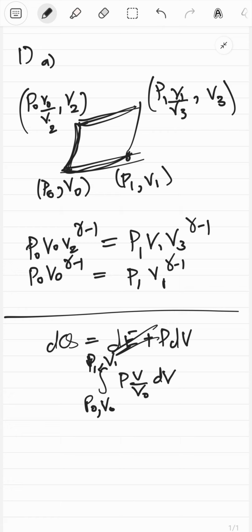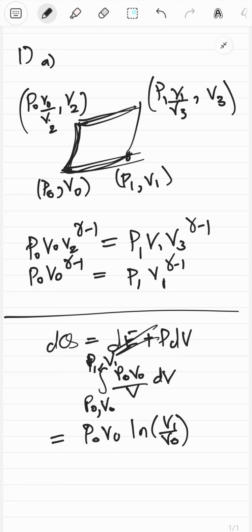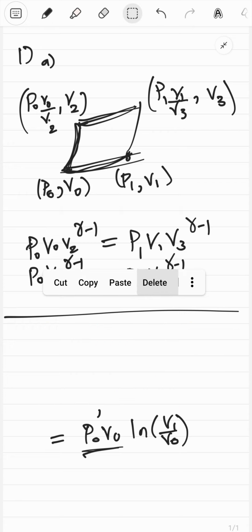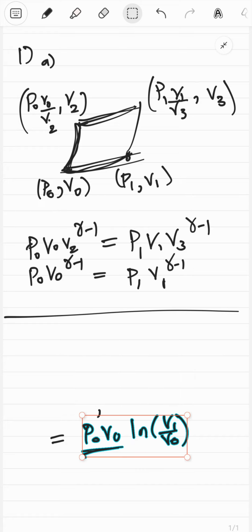Am I messing something up? Right, I am, sorry. Obviously we want our pressure not to be varying, so just p0 v0 upon v. So this thing is just p0 v0 natural log of v going from there to there. So just v1 upon v0, right? Yeah, essentially. So this thing is constant throughout the isotherm. Anyway, so that's the heat transferred.